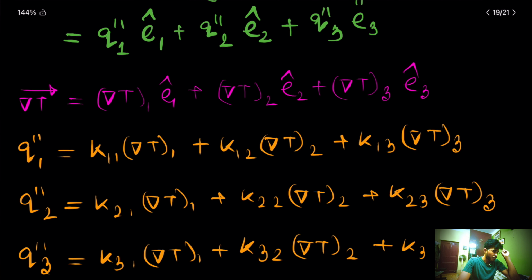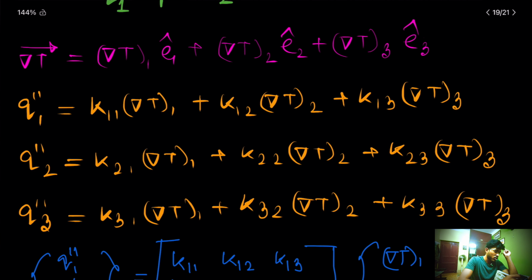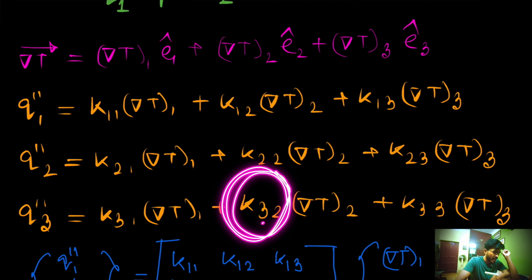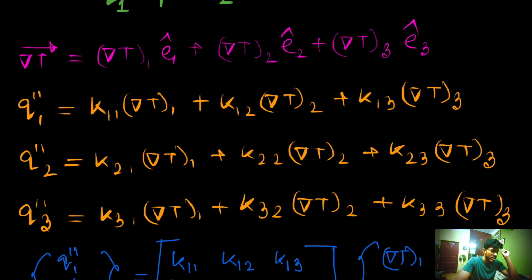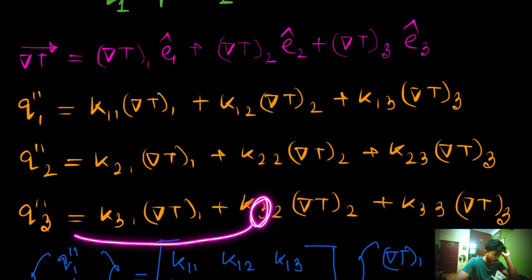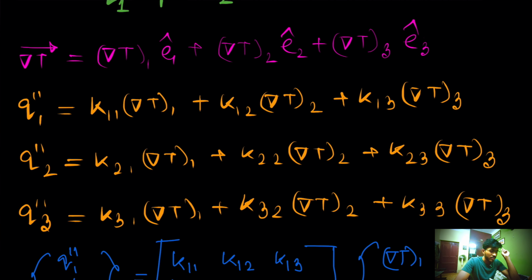You see here I have shown you that. Let us take any component like K32. K32 has two directions. One corresponds to the direction of the temperature gradient, another corresponds to the direction of the heat flux vector component. This subscript 3 indicates which heat flux component I am concerned about.